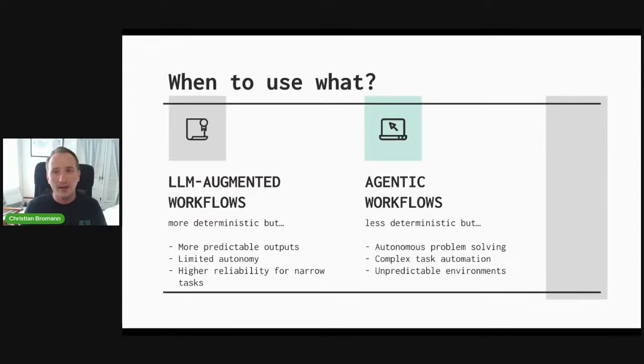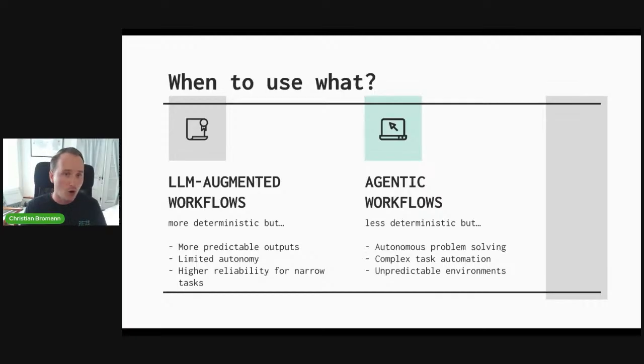Now, it's important to understand the notions between both of them. LLM augmented workflows are more deterministic, they provide more predictable outputs, but they have limited autonomy, and they are more reliable for narrower tasks that have a small scope.